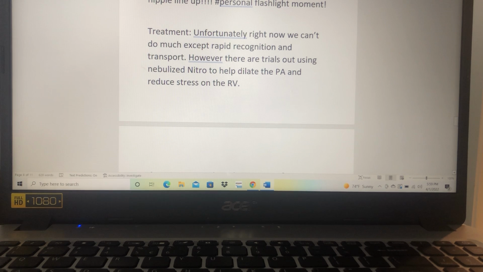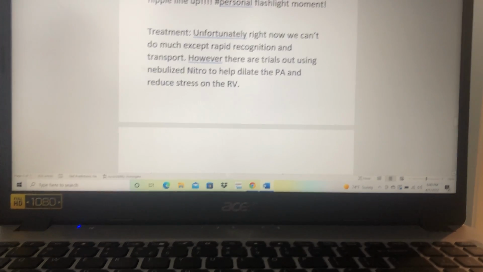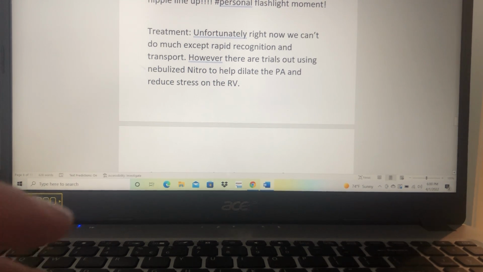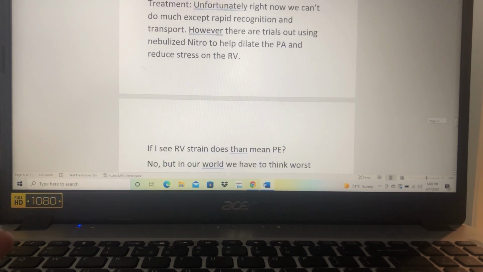It's going to dilate the pulmonary artery, which will reduce the afterload stress on the right ventricle, hopefully saving the right ventricle from getting stressed out and just completely shutting itself off and failing. However, that has not been studied enough for us to be able to actually do that. So as of right now, rapid recognition is key.